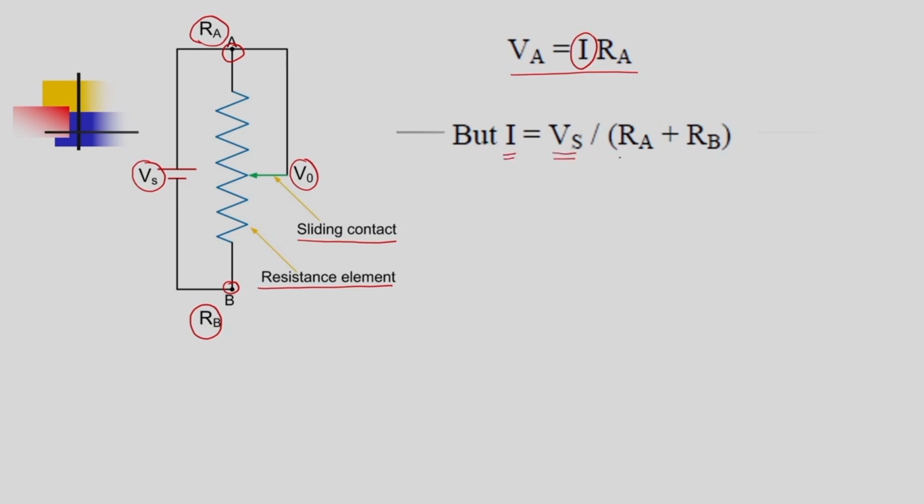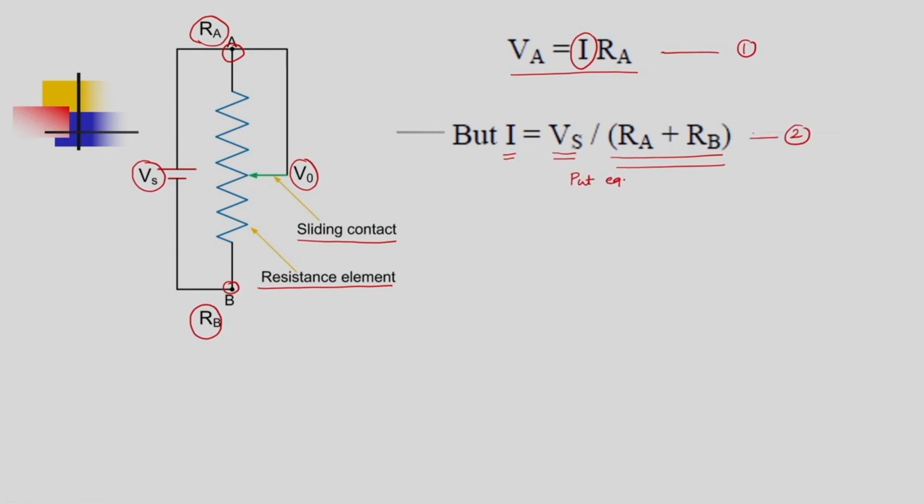Now, let us try to find out the correlation. The voltage at A is I into RA, but the current which is flowing inside this circuitry can be written in this format. So, I is equal to the supply voltage divided by the total resistance across A and B, that is RA plus RB. We can consider this as equation 1 and equation 2.